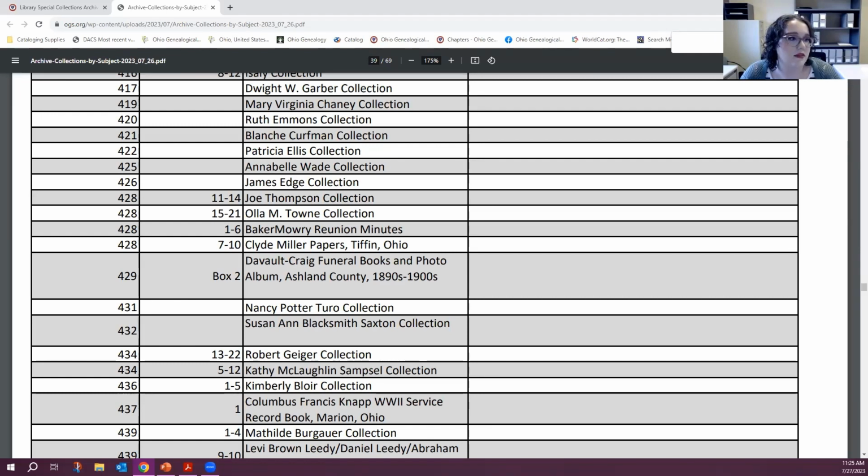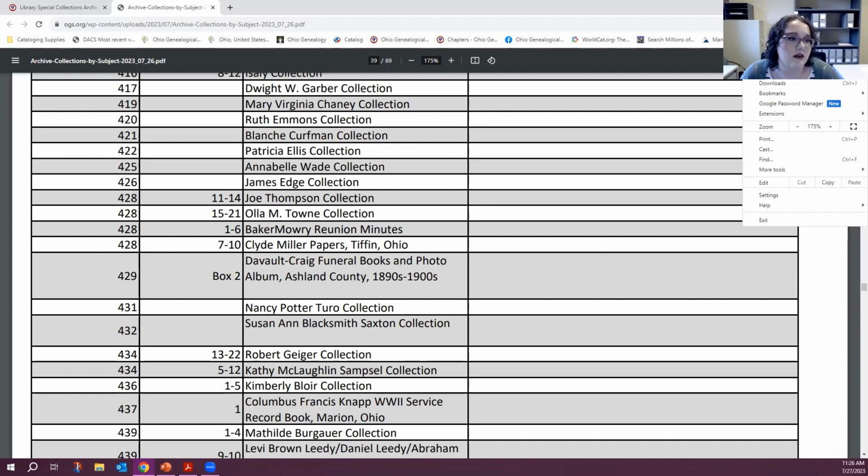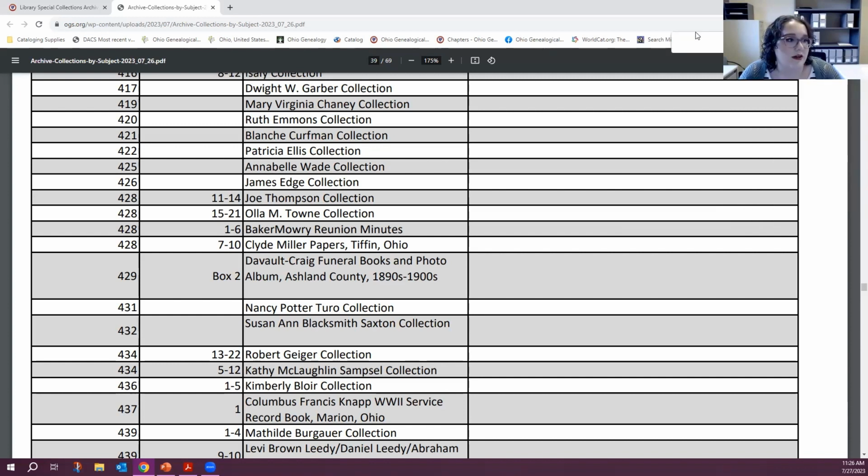Another way to find that search box, depending on your browser, it'll look a little different, but there should be some sort of either three dots or settings section on your browser, and you'll look for something called Find, or Find on Page. It's the same function, where you can bring up a little search box that will search all of the text on your web page.